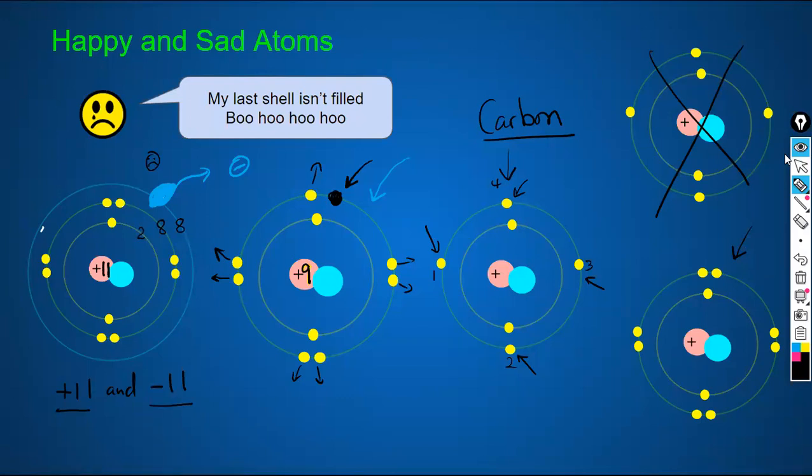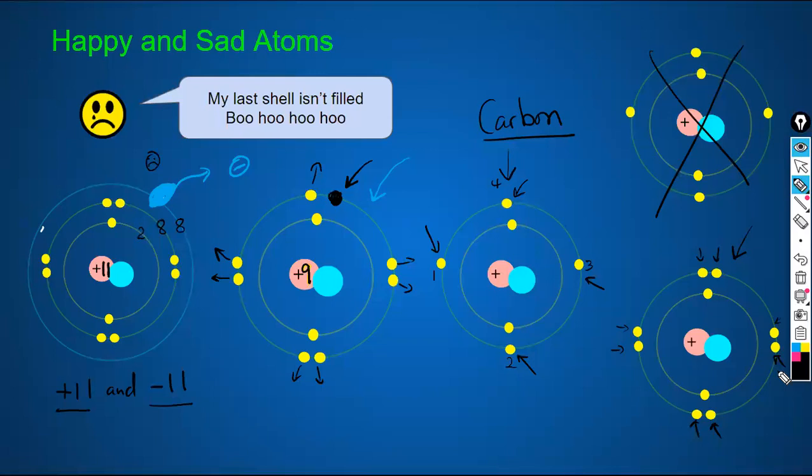Hi, Giovanna, right? You all realize he's already happy, right? Doesn't he have 8 electrons on his last shell? So he's already happy. So do you think he will anytime soon be entering a reaction? Think about it.